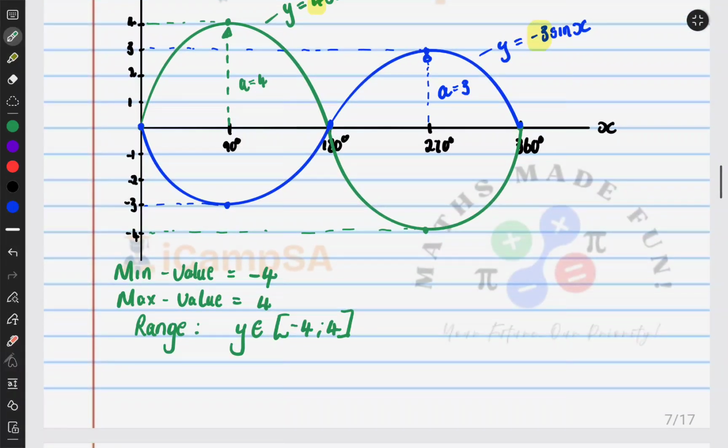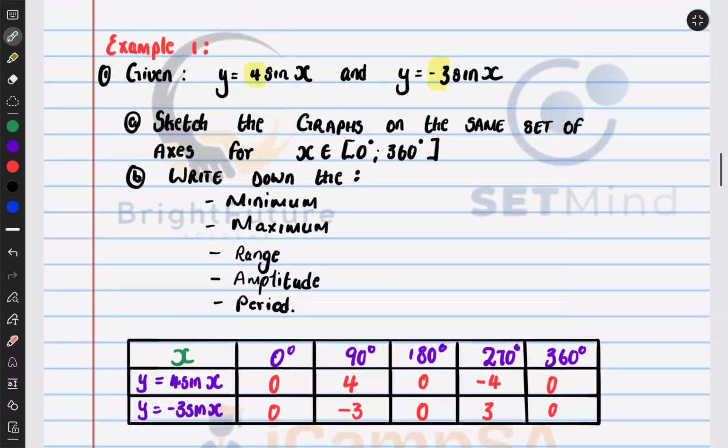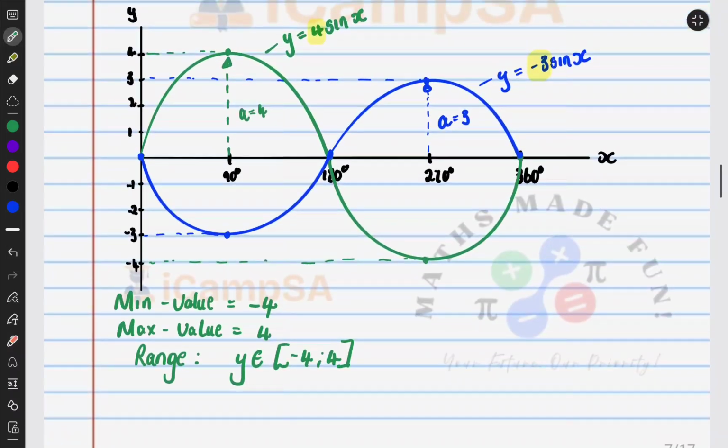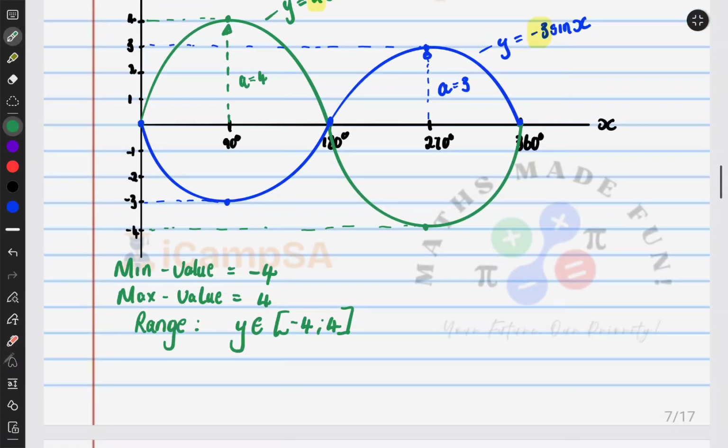And then next, we have the amplitude. We have already determined that the amplitude is 4, but let's use the formula that I gave you and see if we get the same answer.